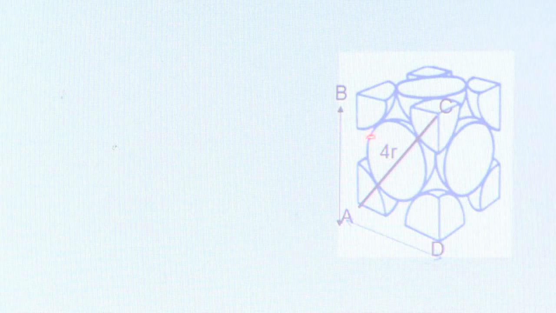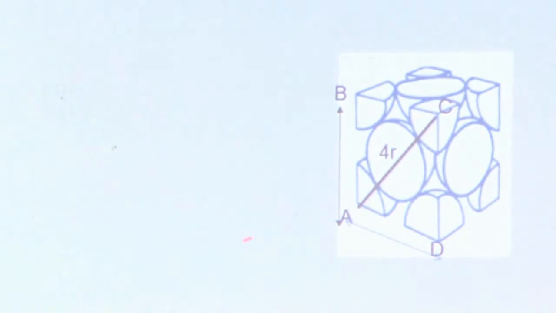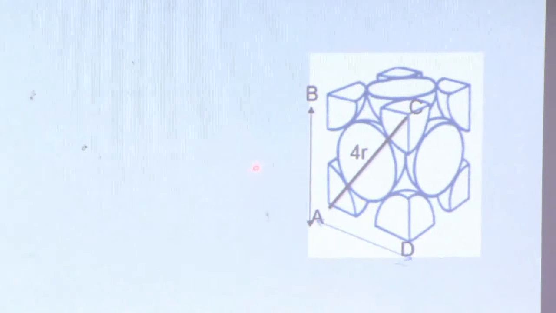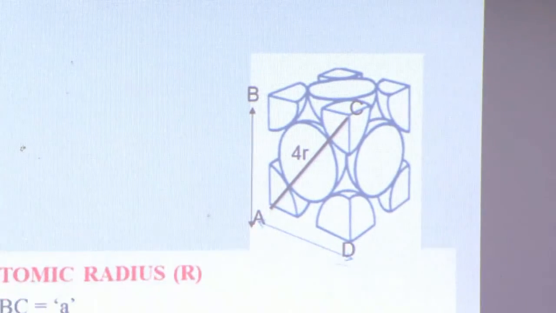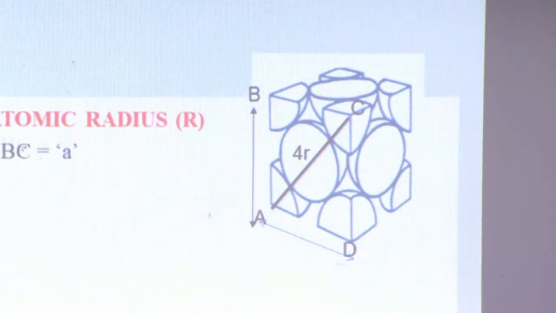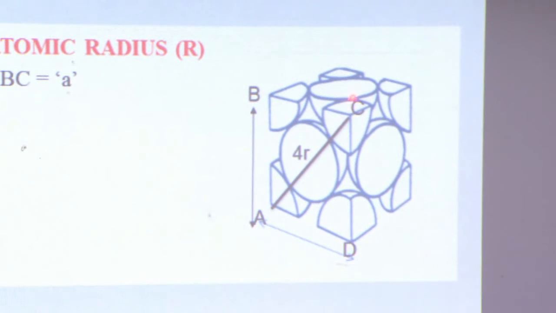That is nothing but the distance from a corner atom, a center atom, and an atom at C. So R plus 2R plus R becomes 4R. AD is a lattice edge, an edge length which is A, and AB is once again an edge length A.